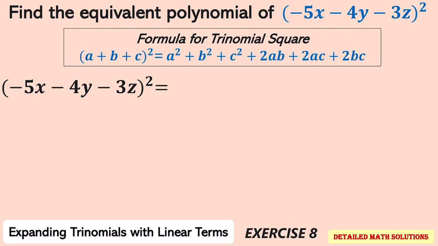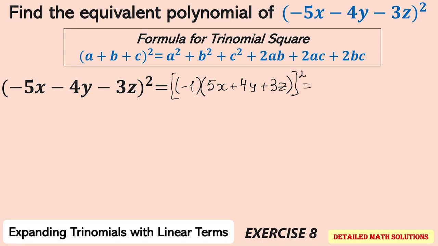In order for me to use the formula, I need to write the trinomial negative 5x minus 4y minus 3z in parentheses squared as a product of negative 1 multiplied by 5x plus 4y plus 3z. And this entire product is squared.